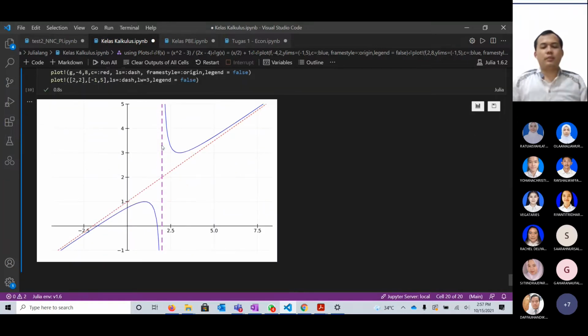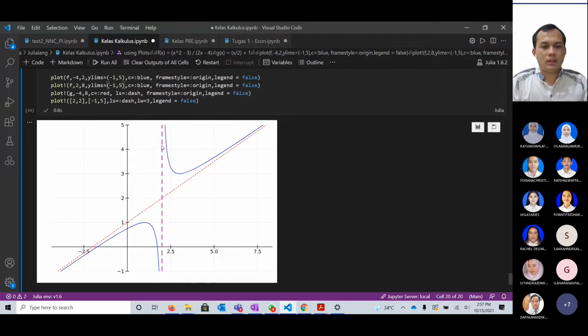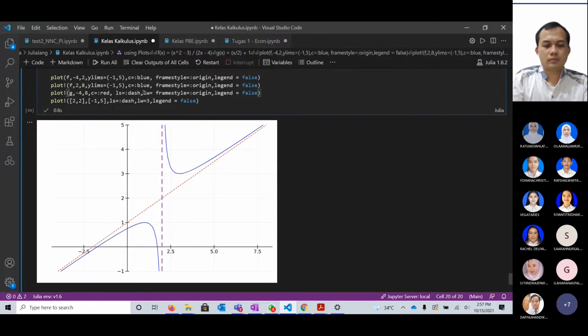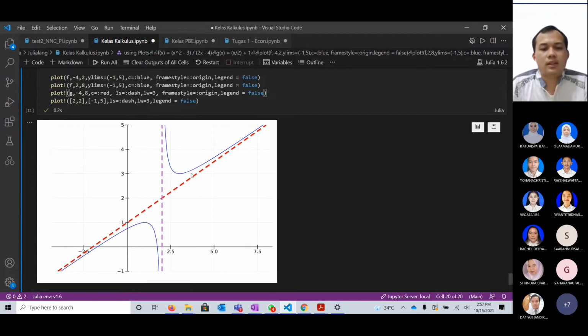So basically this is the plot. We see here that the red dashed line is the slanted asymptote, and the purple line is the vertical asymptote.